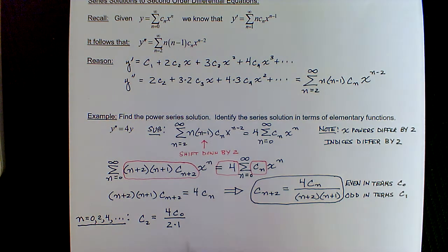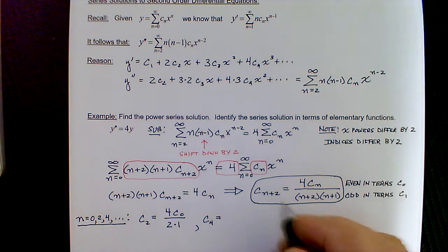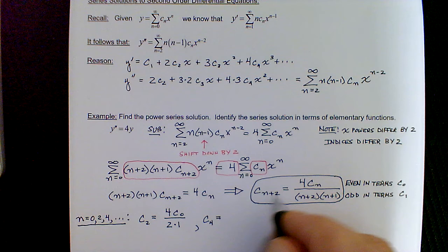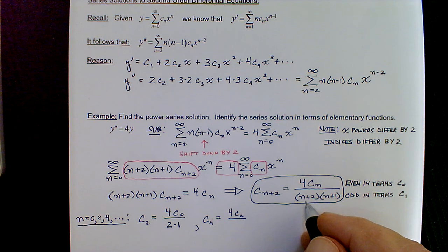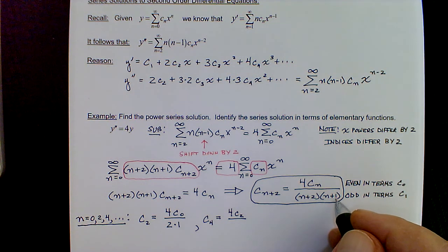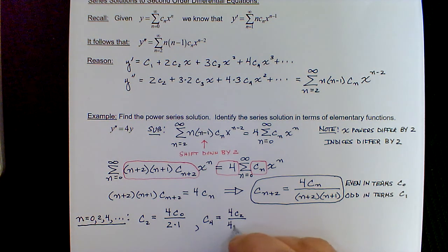And I think that might be nice to just leave that, because getting a feeling of factorial in the denominator, let's see what goes on when n is 2. That would be c sub 4. And so when n is 2, c sub 4 is 4 c sub 2 over, now n is 2, so that's 4 times 3.